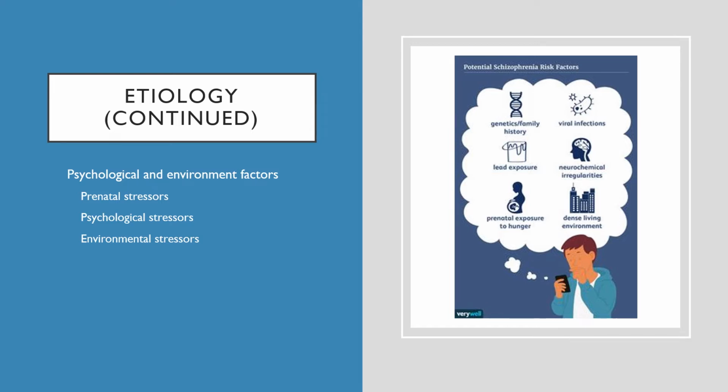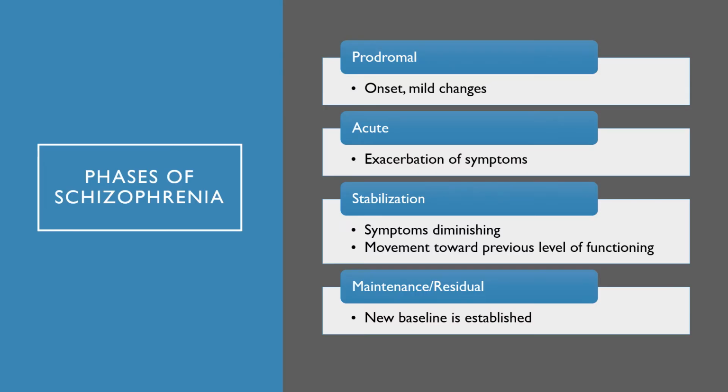Other psychological stress factors might include child sexual abuse, social adversity, meaning chronic poverty, growing up in a foreign culture, maybe some exposure to psychological trauma. Some environmental stressors might be toxins. Living in an urban area or high crime areas can also increase that risk.